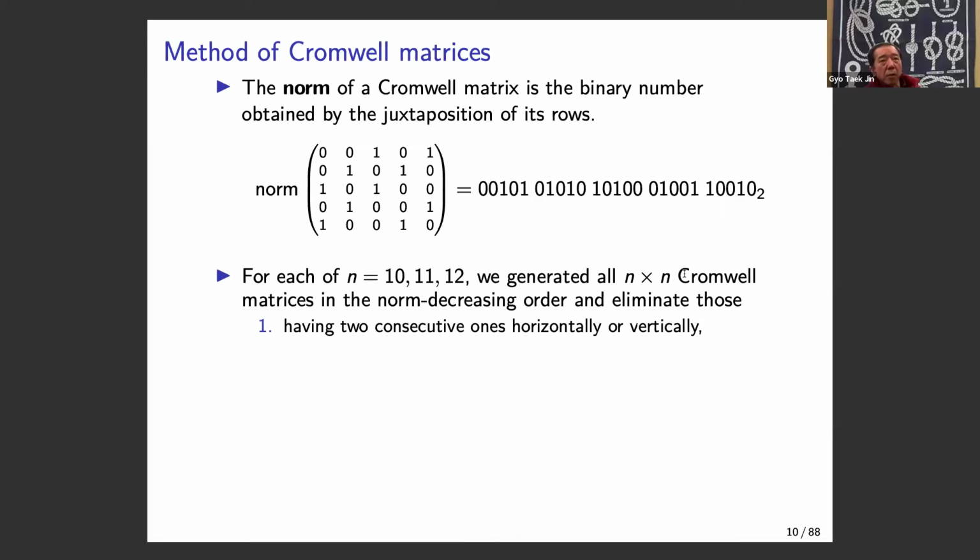And for each of 10, 11, and 12, we generated all n by n Kronecker matrices in norm decreasing order, and we eliminate those having consecutive ones horizontally or vertically, because then you can easily reduce the size, and whether it corresponds to a link or if it is visually composite, then we throw it away.